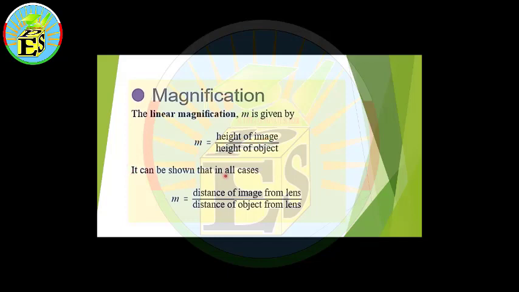It can be shown that in all cases M equals the distance of the image from the lens divided by the distance of the object from the lens. So we can calculate linear magnification in two ways: height of image divided by height of object, or distance of image from lens divided by distance of object from lens.